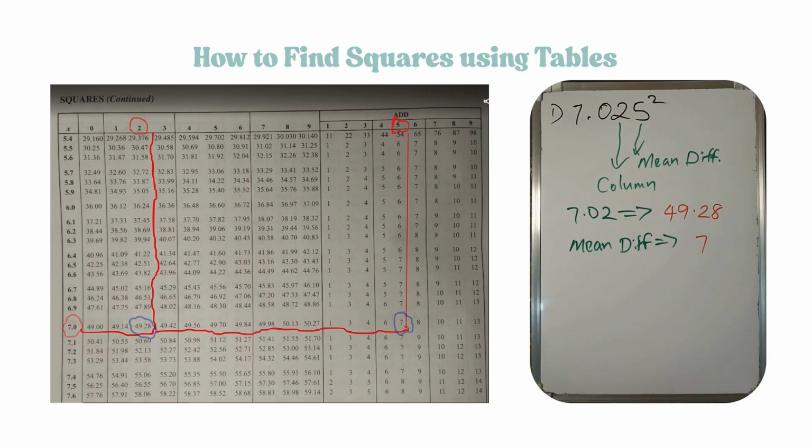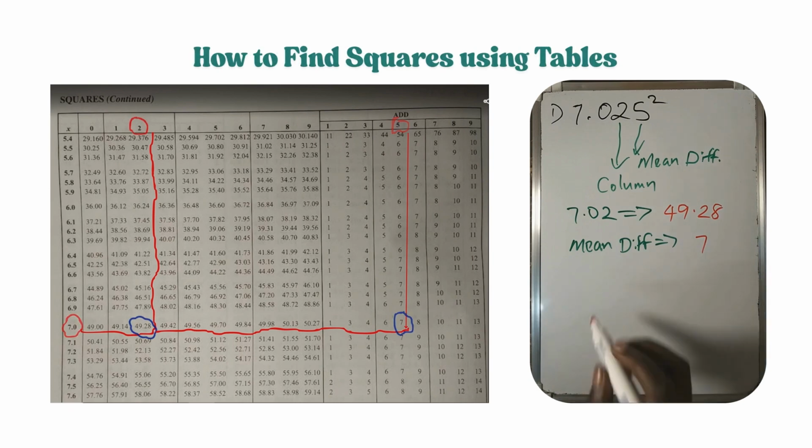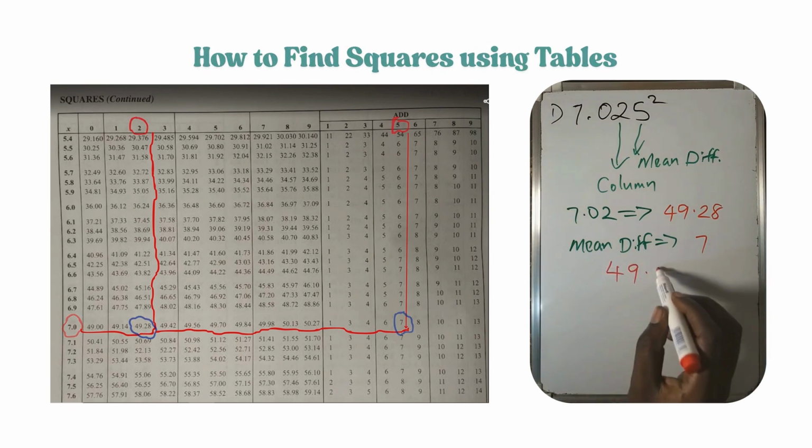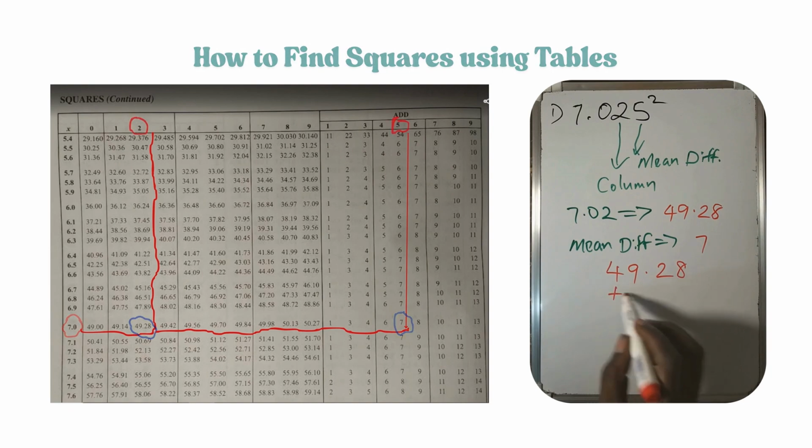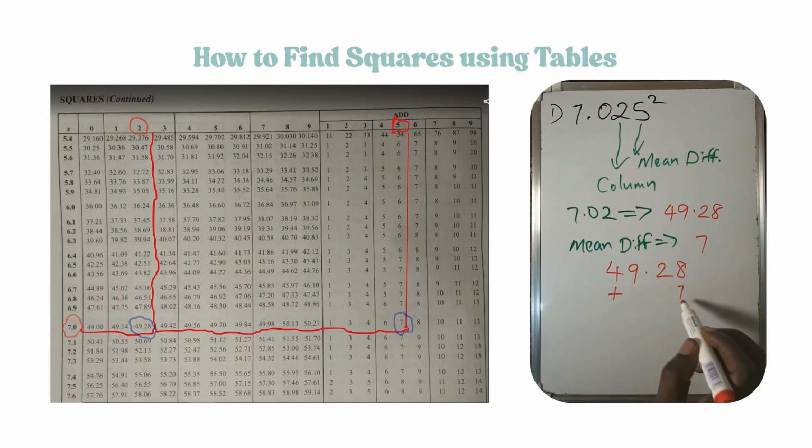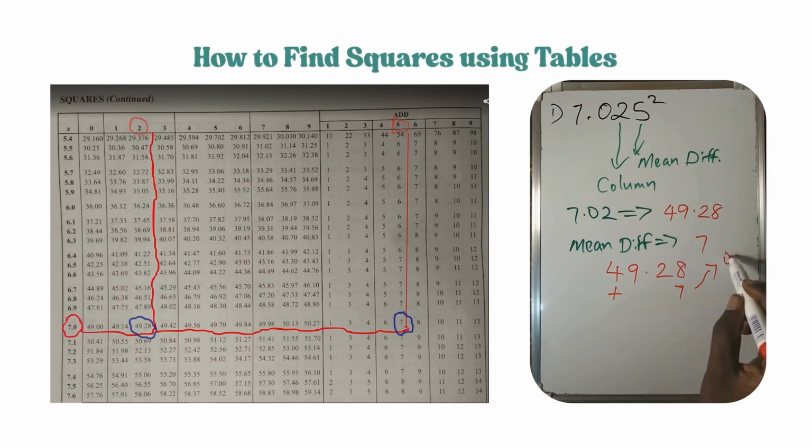So we are going to add our mean difference to the value that we got on the column. How do we do it? We add 49.28 plus this 7. We place this 7 on the last digit of our value, because this 7 is the same as 0.07.